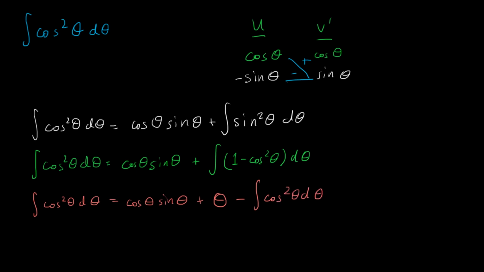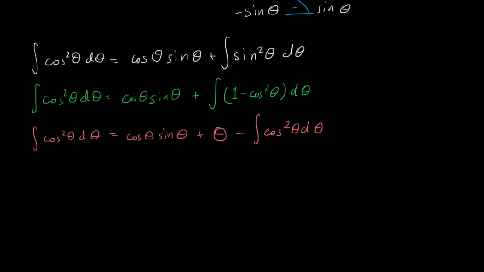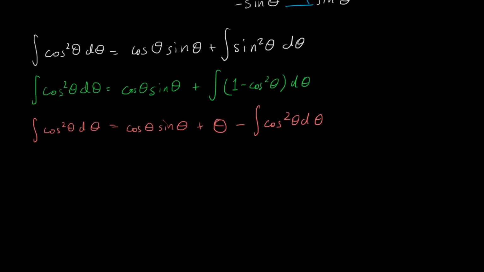And so now you might see the reason I actually wrote all this integral of cosine squared theta out to the left when I didn't really need to. It's because now you can add that integral to both sides, which will get rid of this. That gives us 2 times the integral of cosine squared theta d theta equals cosine theta sine theta plus theta.